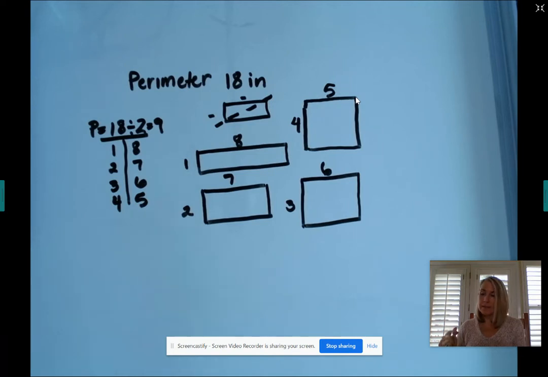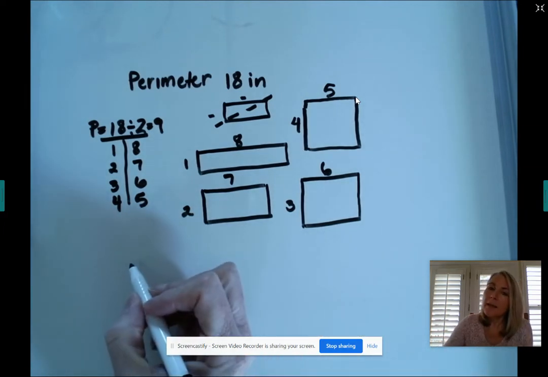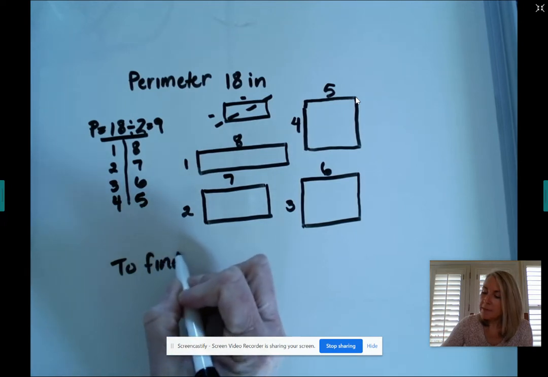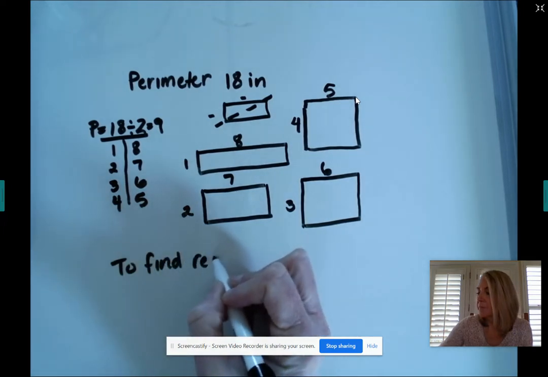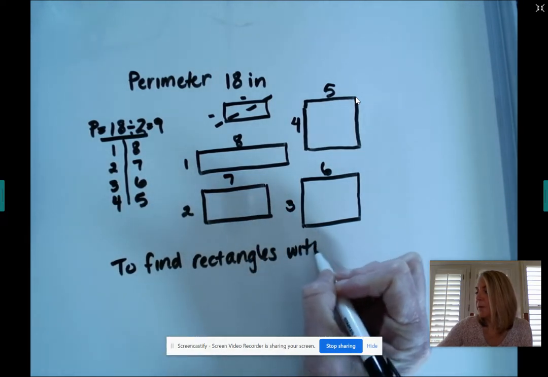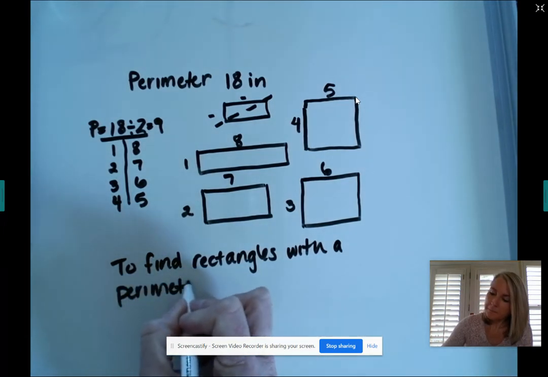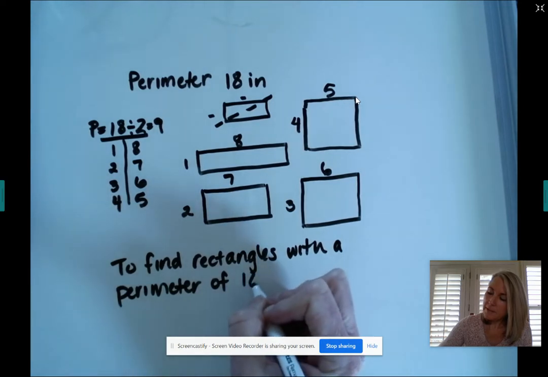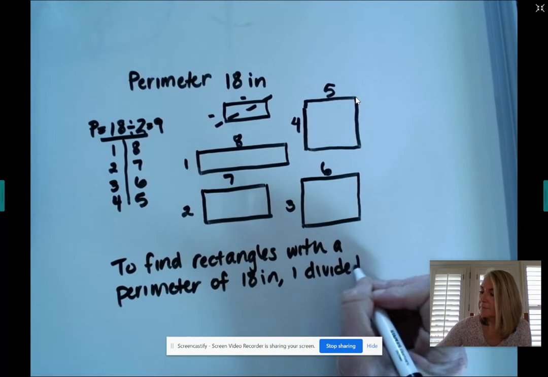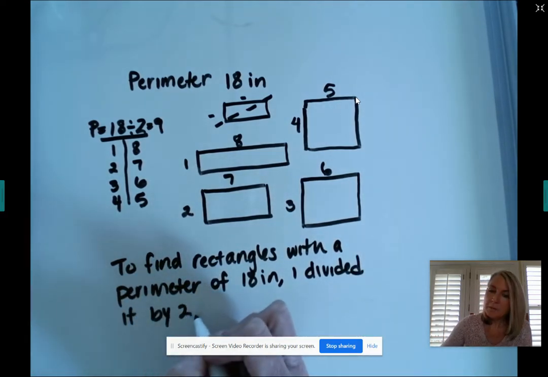Let's see. So explaining this in words, right? We could say something like, to find rectangles with a perimeter of 18 inches, I divided it by 2.